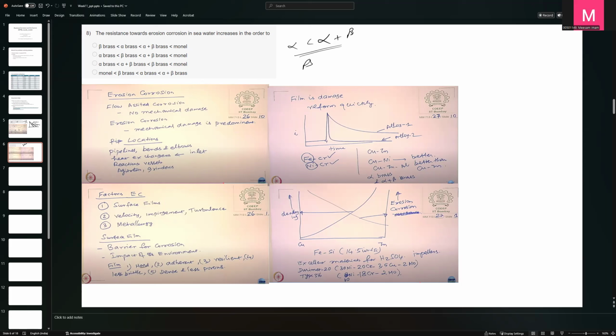Increasing zinc in brass is increasing the de-alloying, and the trend followed for erosion corrosion is vice versa. Yes, here we are only talking about erosion corrosion.